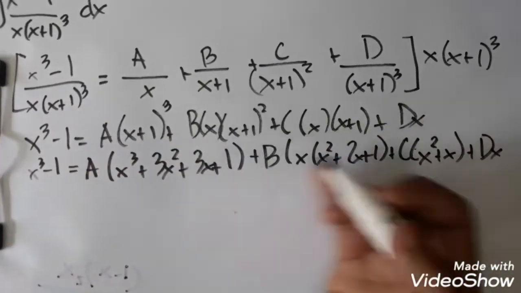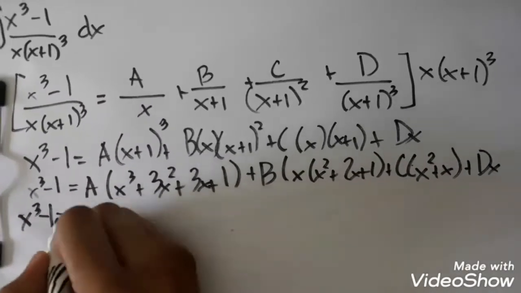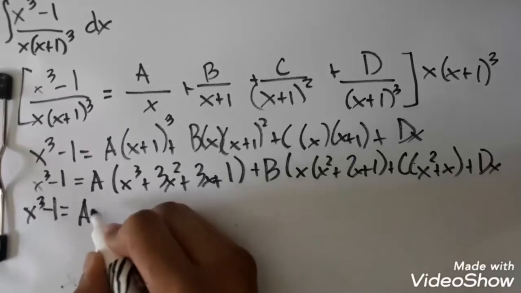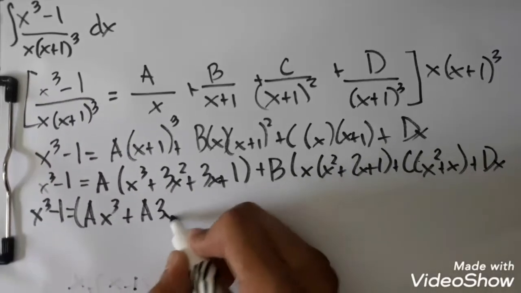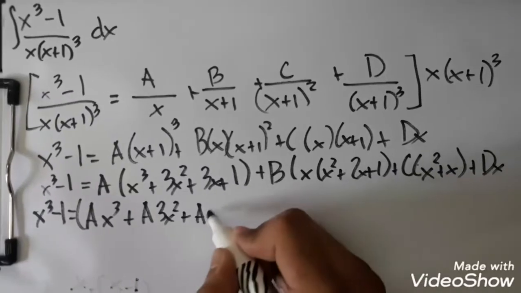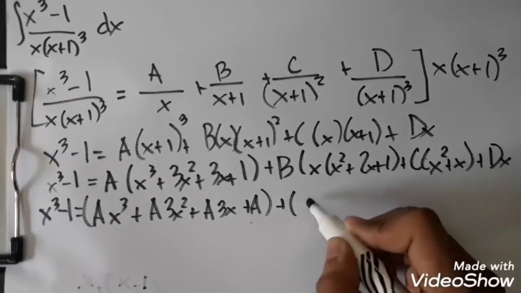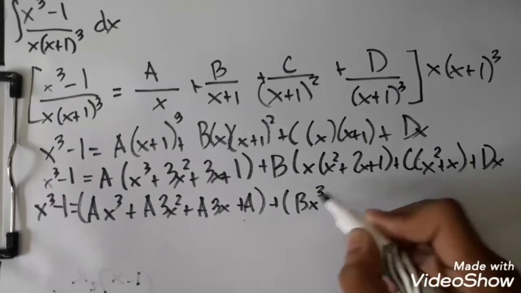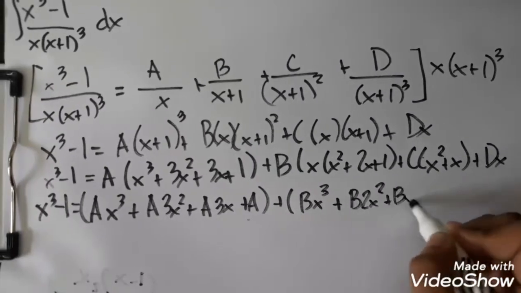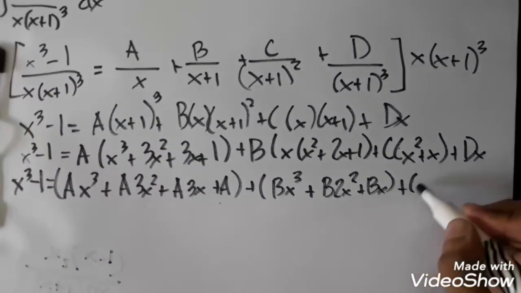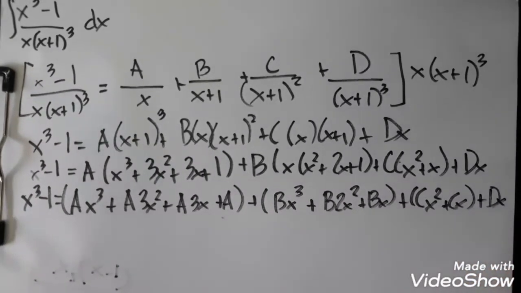Then we will expand it further, which will be a x cubed plus 3a x squared plus 3a x plus a, plus b x cubed plus 2b x squared plus bx, plus cx squared plus cx plus dx.